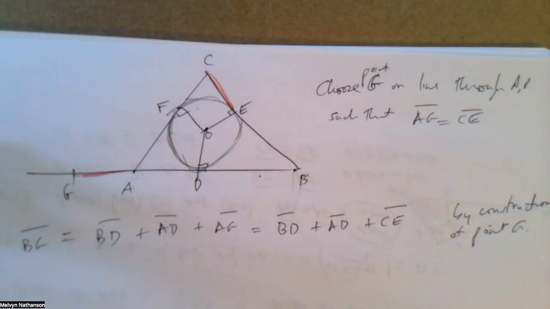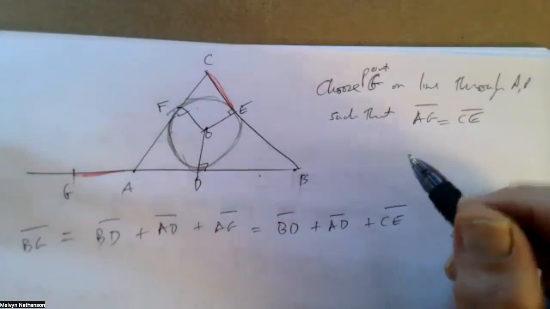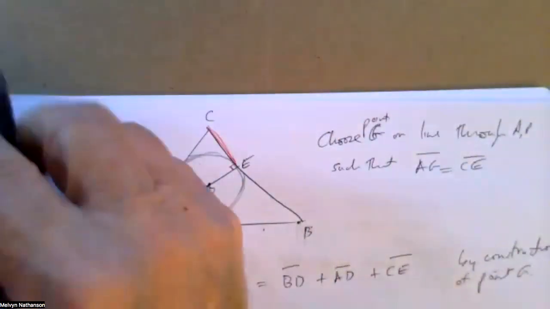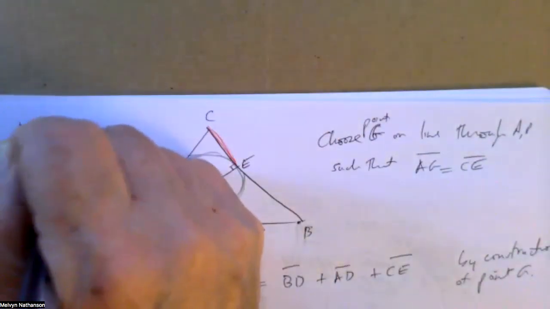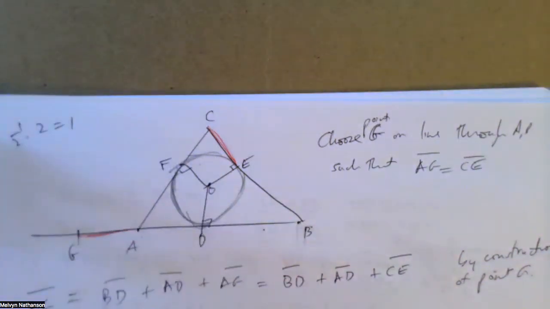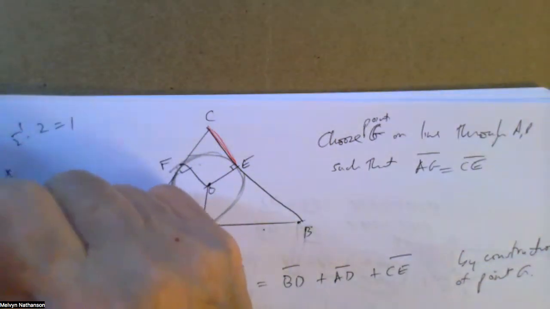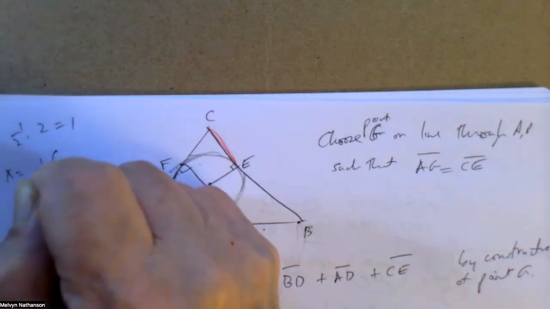Now we can do something weird. Remember that 1/2 times 2 is 1. So if you have any number x, that's 1/2 times 2x.